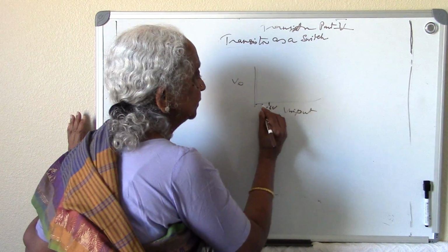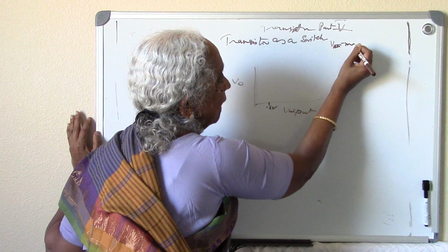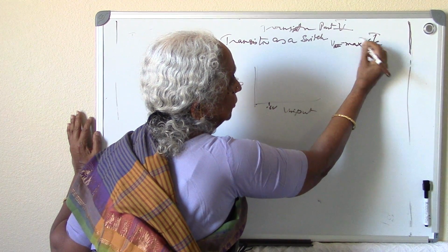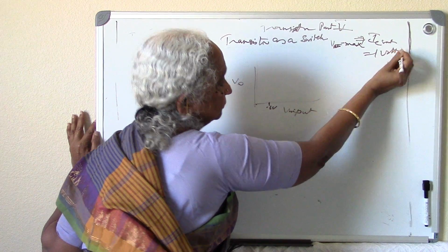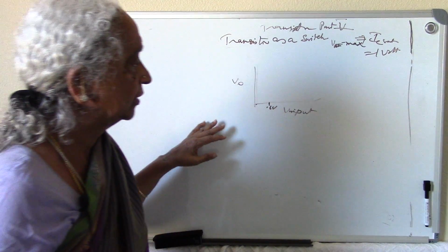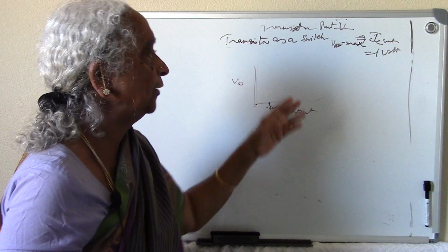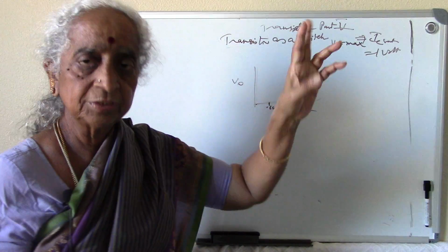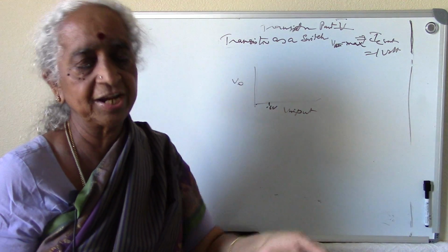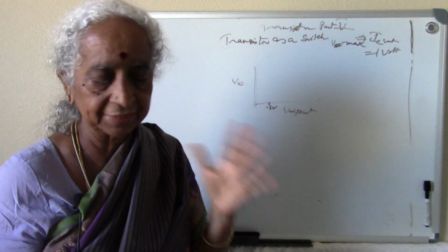Now when this becomes greater than, supposing the VBE maximum to drive it into IC saturation is say 1 volt, so beyond 0.6 to 1 volt, or 1.5 or whatever it is, it will become high enough to saturate on that side, and therefore IC will become a maximum.